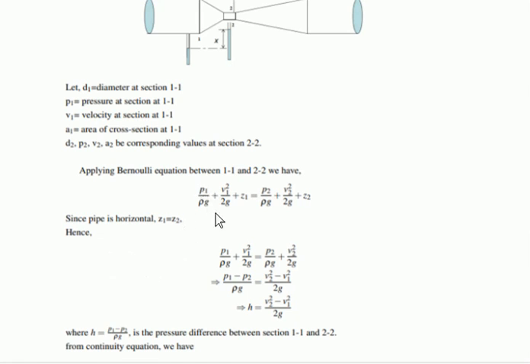Now we are left with P1 by rho g plus V1 square by 2g equal to P2 by rho g plus V2 square by 2g. Taking this term to the other side, P1 minus P2 by rho g is equal to V2 square minus V1 square by 2g.